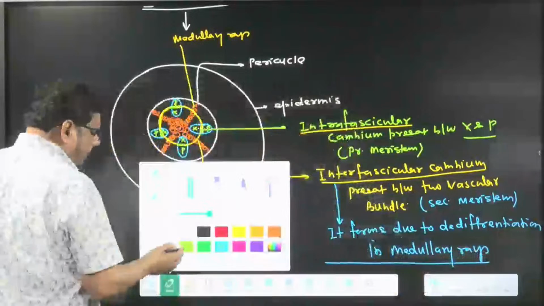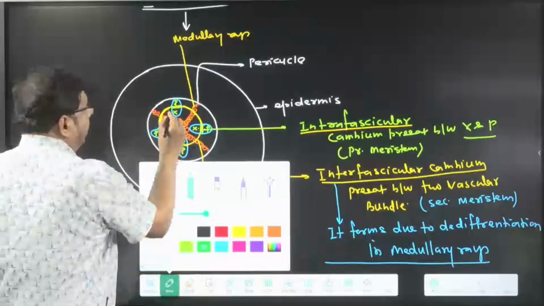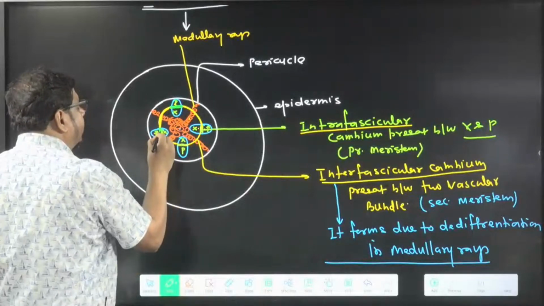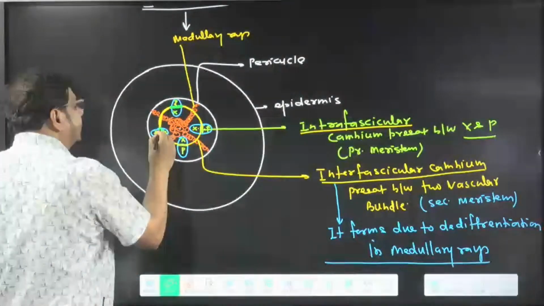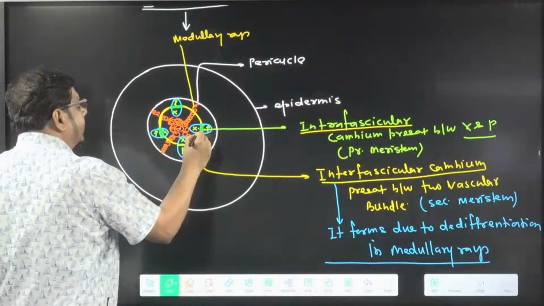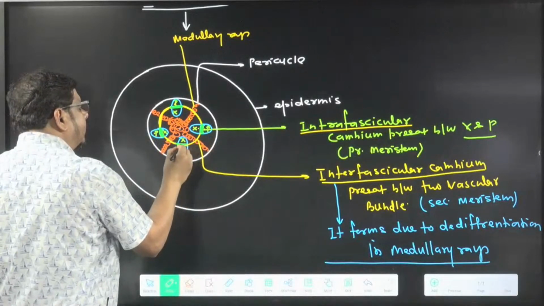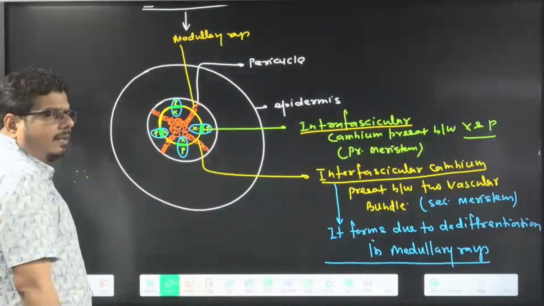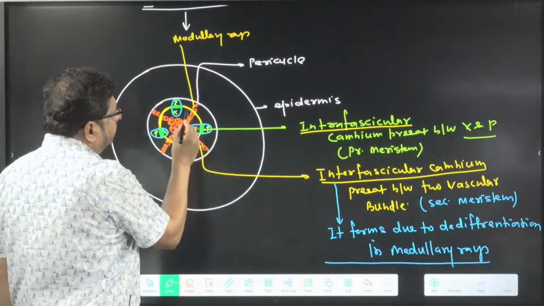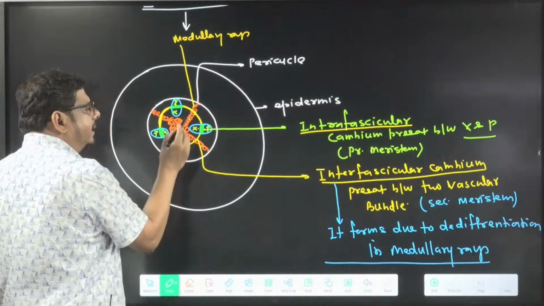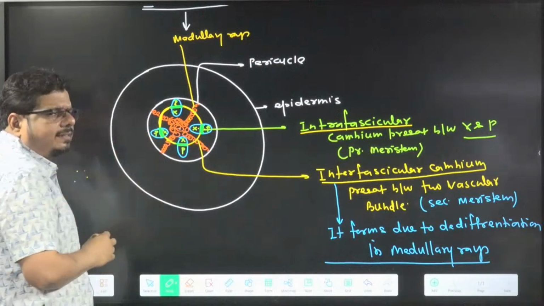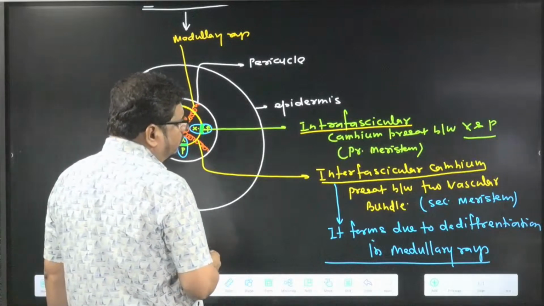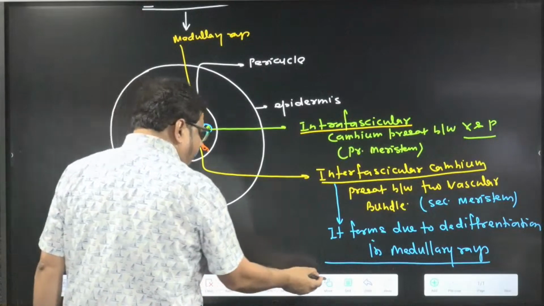So the yellow color here is interfascicular cambium, and the green color cambium is intrafascicular cambium. Are you getting the idea or not? Intrafascicular cambium is present between xylem and phloem in the same vascular bundle, and interfascicular cambium is present between two vascular bundles, developed by de-differentiation in medullary rays.